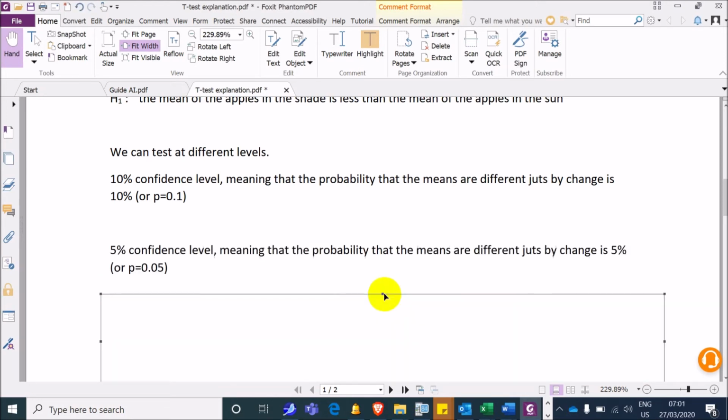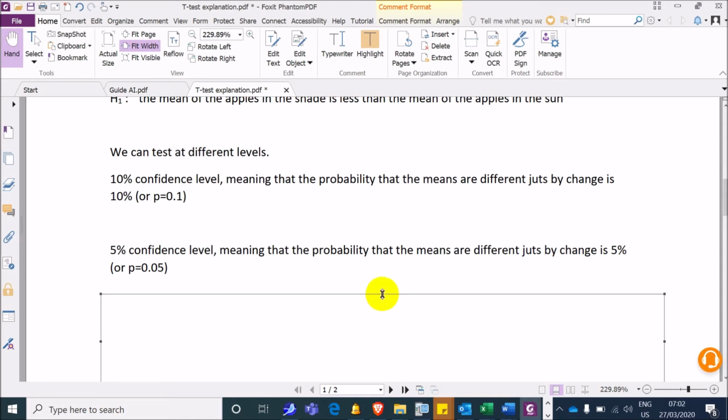I can do the same with 5%. The t-test will give you a probability. If the probability is less than 5% or 0.05, say 0.01, then you will conclude under the 5% confidence level, I reject the null hypothesis. They do not seem to be the same.